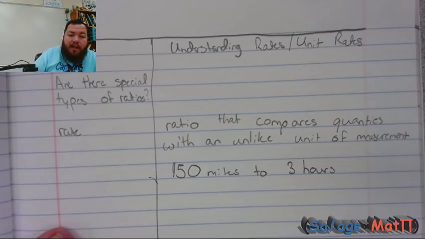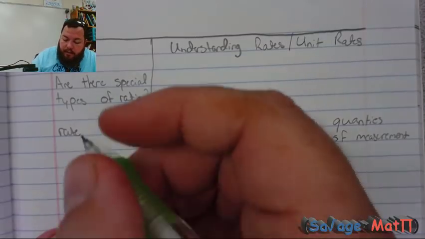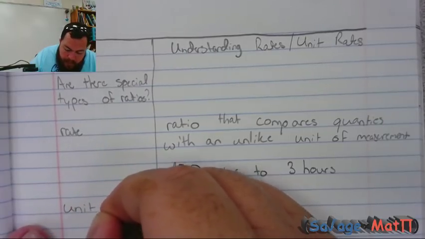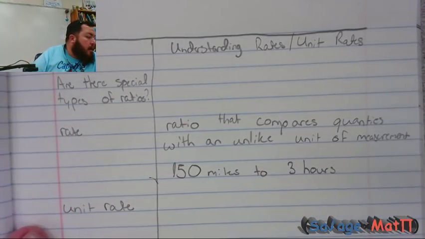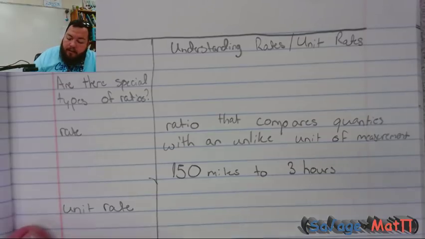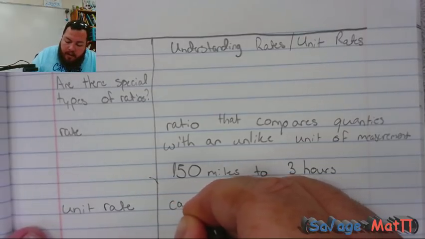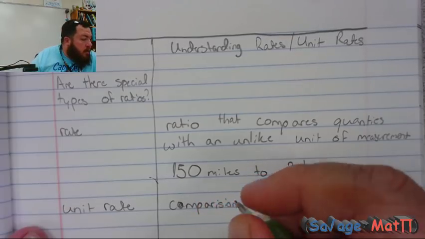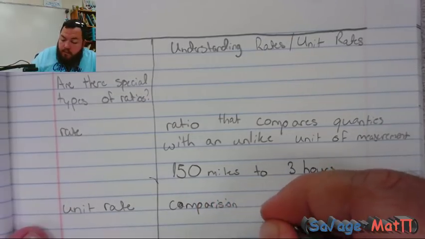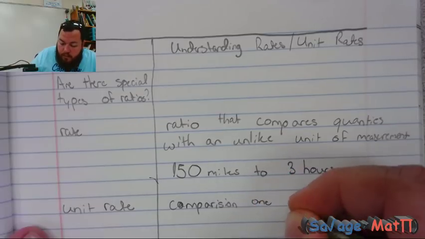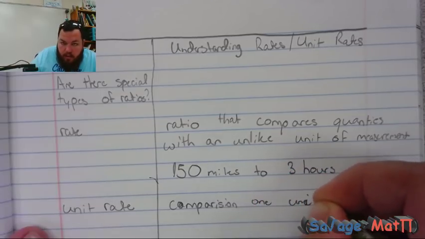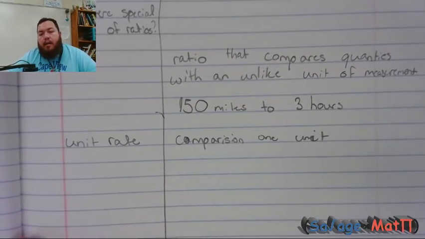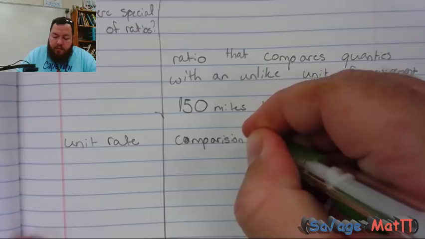Okay, and then our second vocab word is a unit rate. A unit rate is the comparison to one unit. Guys, that should say comparison to one unit.